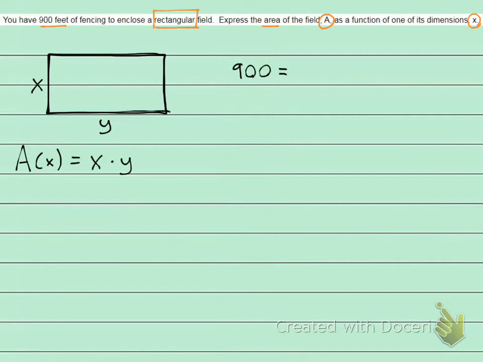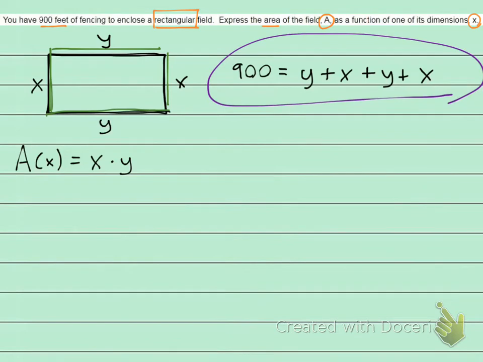So 900 is going to be this length of fence on the bottom, which is y, plus this length of fence on the left, which is x, plus the top, which is also y, because it's a rectangle, plus the right side, which is also x because it's a rectangle. So here's my other equation. Two unknowns, two equations, I got it.